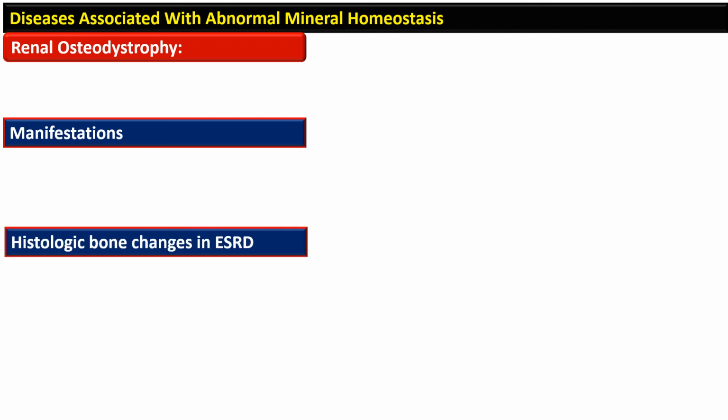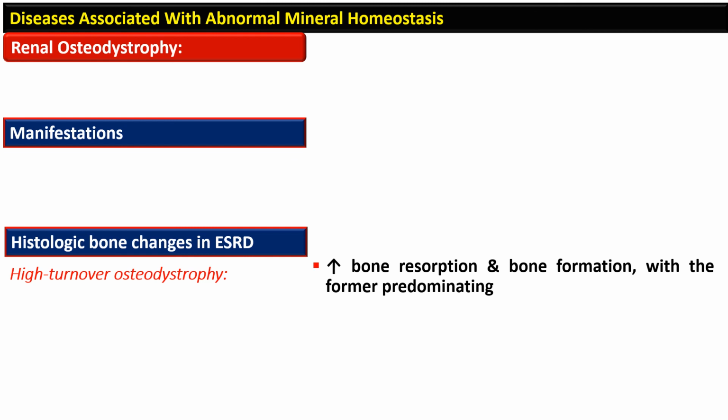The histological bone changes in end stage renal disease can be of three types: high turnover osteodystrophy, low turnover or adynamic bone disease, or the mixed pattern disease.